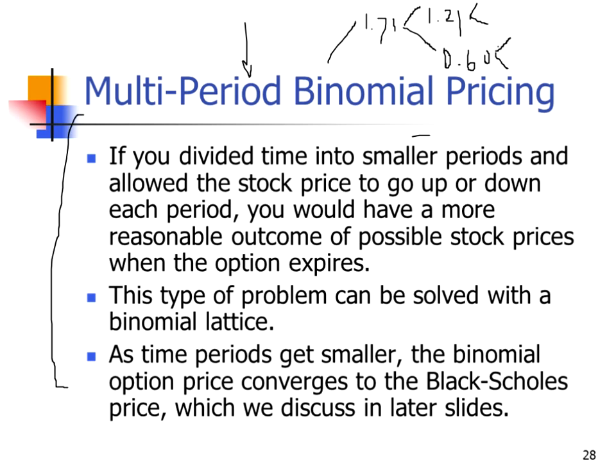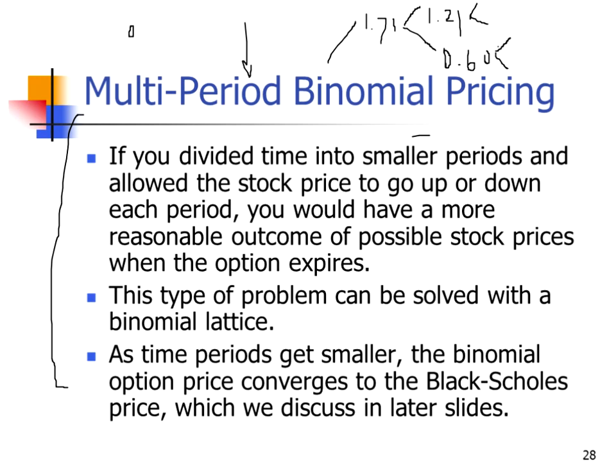So I'm not going to go into the practical workings of multi-period binomial pricing because I don't want to confuse you. But you should know that in a practical scenario you would have multi-period binomial pricing as well. It doesn't stop at one pricing.